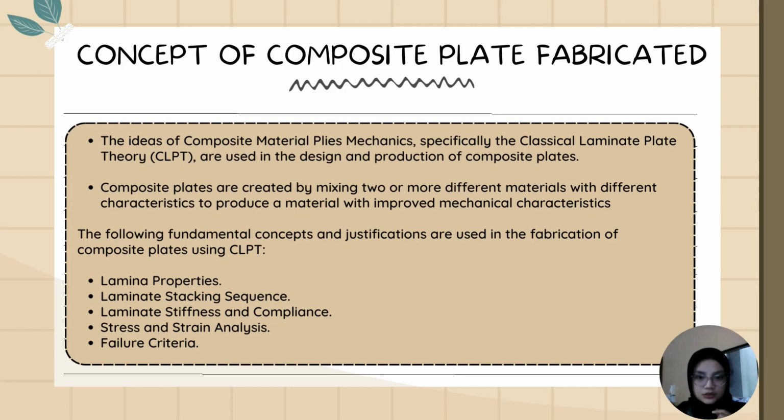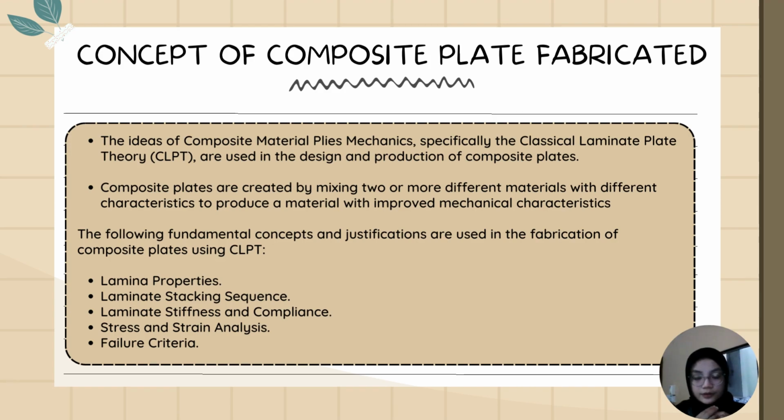According to the classical laminate plate theory, the composite plate is formed from multiple thin layers or plies, each of which is composed of unidirectional fibers embedded in a matrix material. These plies are stacked in various orientations to form a laminate structure.